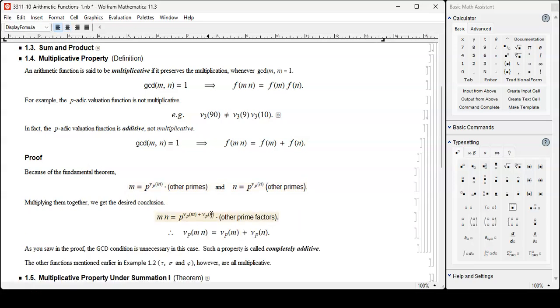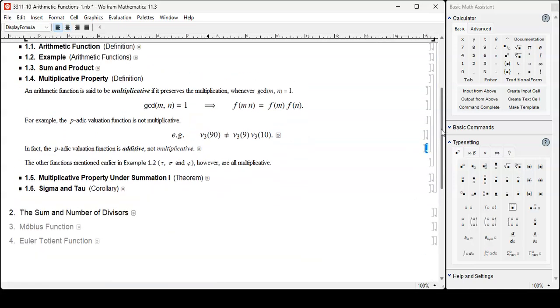P to the sum of the powers times other prime factors. Conclusion? We have the additivity, and the additivity does not depend upon this GCD condition. It's always true. So we say that the p-adic valuation function is completely additive.